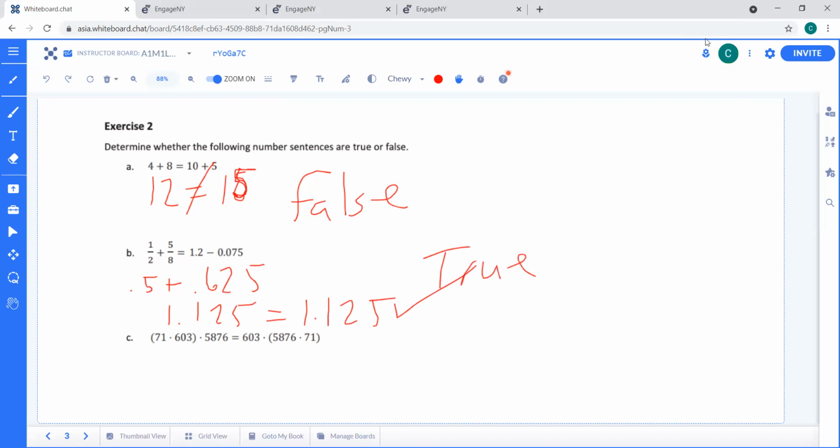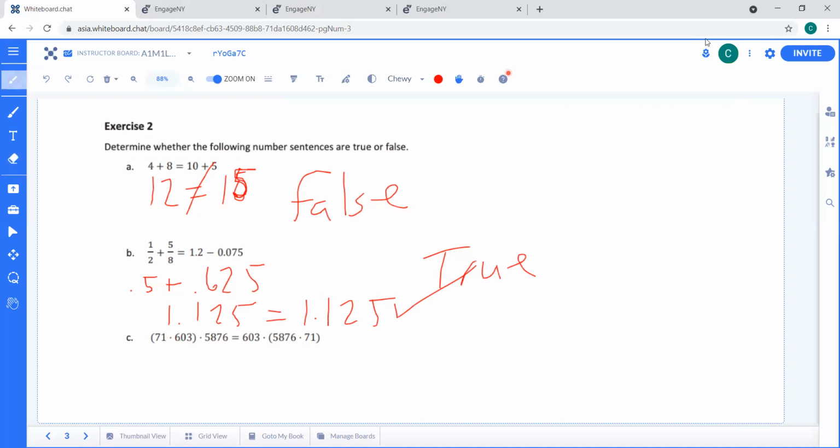Now, what about C? I don't even have to work this out to tell you that this is a true statement, because I know the properties of mathematics, such as distributive property, commutative property, associative property. I can regroup this first one, or I can completely rewrite it to show you.